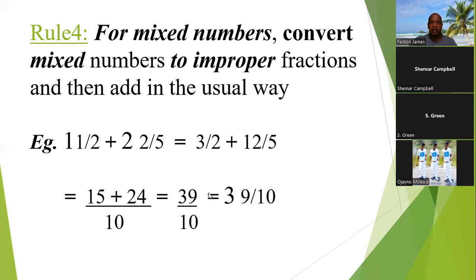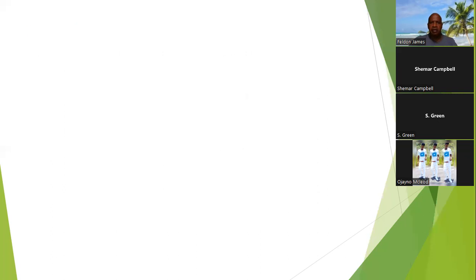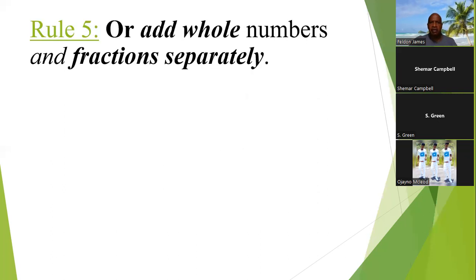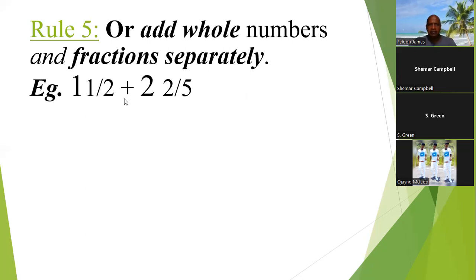Now another way to add mixed numbers, we can look at this as rule 5. We could add the whole number parts and add the fractional parts separately. If we're doing the same question as the first example, we have 1 1/2 and we are adding it to 2 2/5.